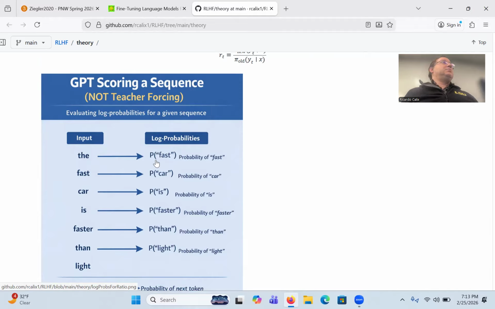Correct? We want the same tokens back so we can compare the probabilities. So if by some chance the logits come out and something else is more likely, does that blow up the ratio and take us into that clipping zone?